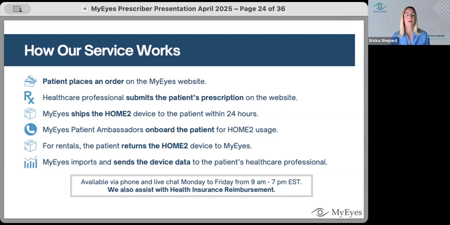They're also glaucoma patients. So we're basically a team of glaucoma patients and glaucoma professionals that comprise MyEyes. And once that happens, we walk the patient through any questions they may have, whether it's about insurance, and I'll get into that in a minute, whether it's about cost, whether it's about, can I use this?